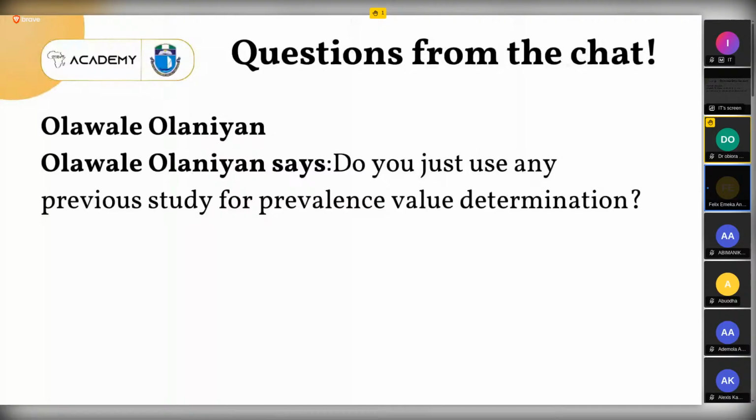If there's no study that is done in the Southwest, then you look for a study that is done in any part of Nigeria. If there's no study done in Nigeria, then you look for a study done in West Africa. If there's no study done in West Africa, then you look for a study done in any part of Africa. If there's no study done in any part of Africa, then you look for a study done internationally.